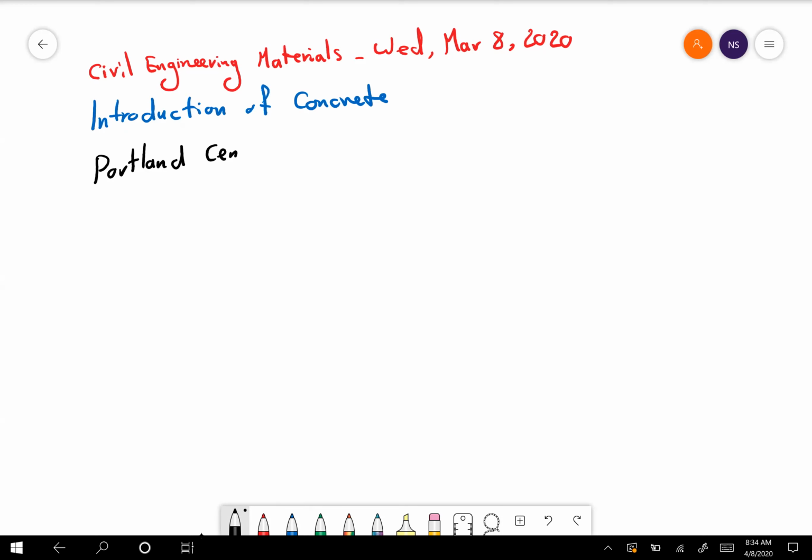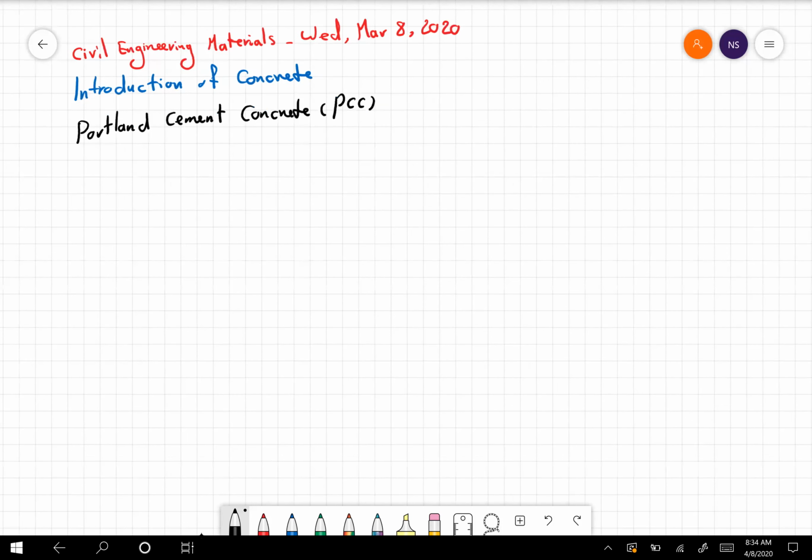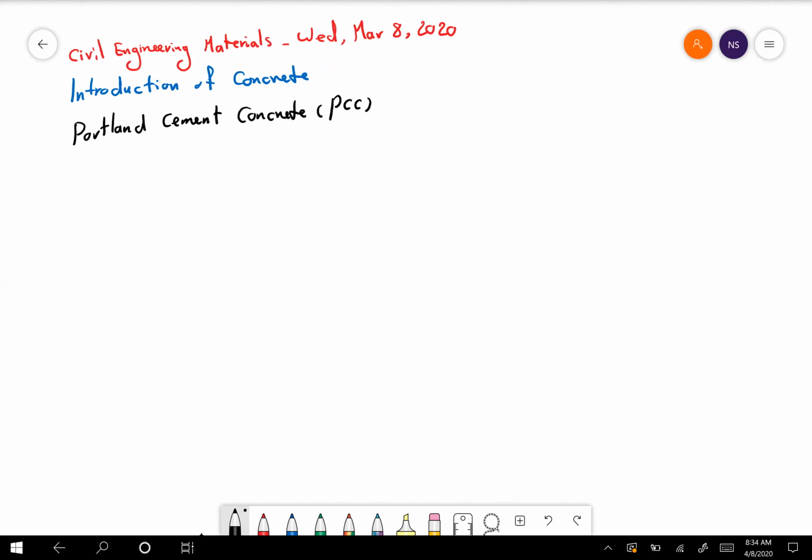Since in the construction industry, most of the time when we refer to concrete, we mean Portland cement concrete, right? There are other types of concrete, like asphalt concrete, that we use for pavement applications. But again, in construction, most of the time we refer to Portland cement concrete as concrete.